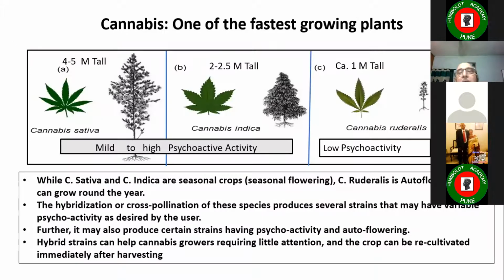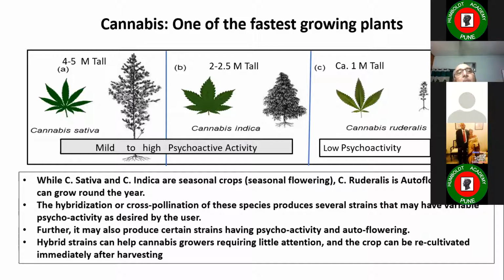Now, cannabis is a genus from the Cannabaceae, and it has three species of the genus. Cannabis sativa, which you must know, is also popularly known as marijuana. Then there is Cannabis indica, which is basically in the Himalayan region, and you can see the difference.